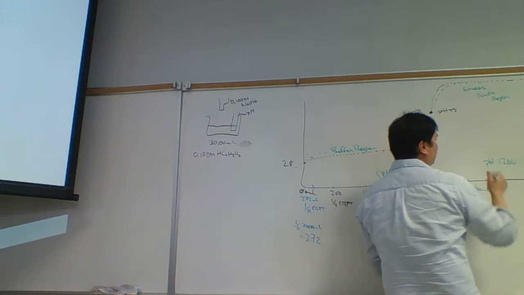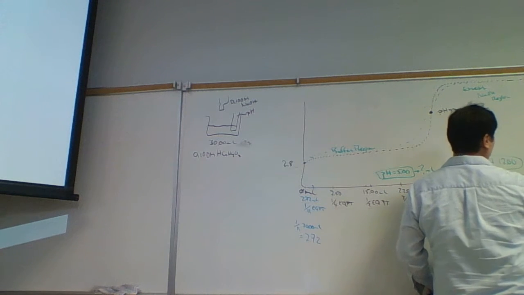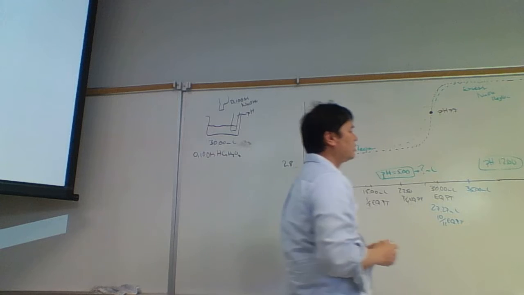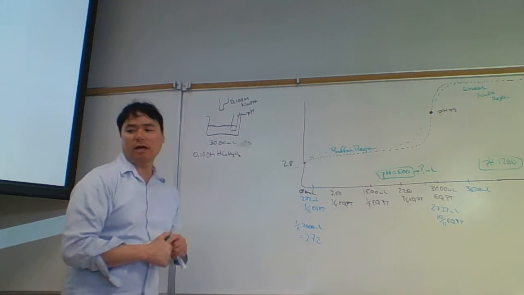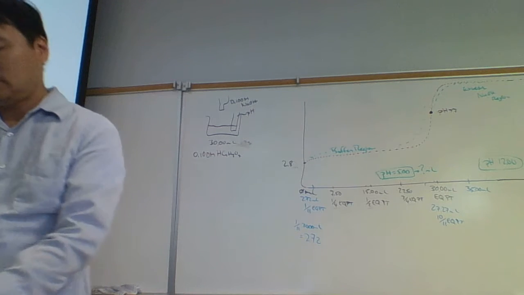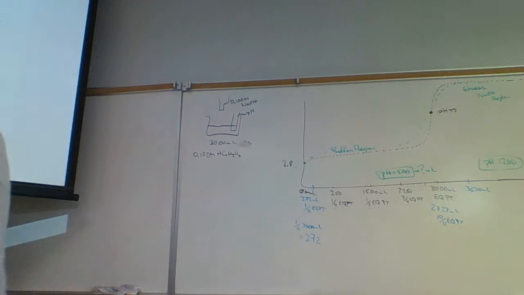And so if I want a pH of 12.00, how many milliliters of sodium hydroxide do I have to add in this titration? And so we're going to calculate that. And so let's go ahead and do these calculations.